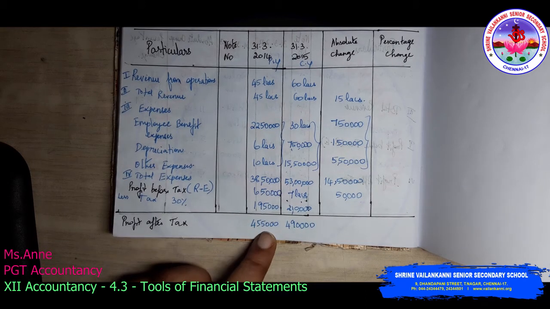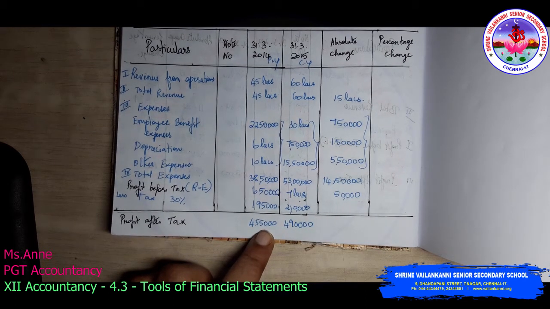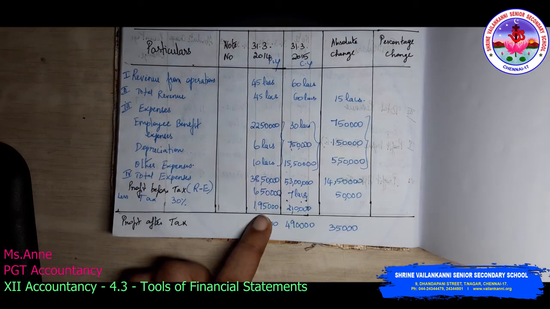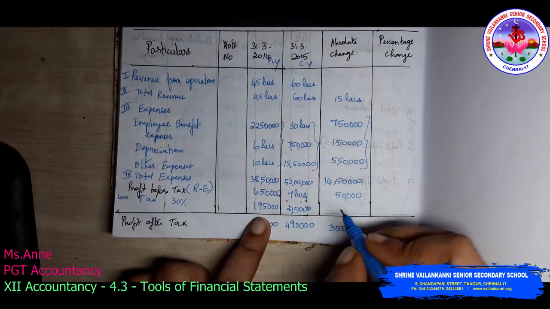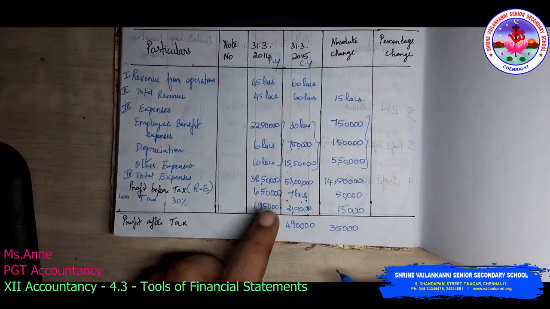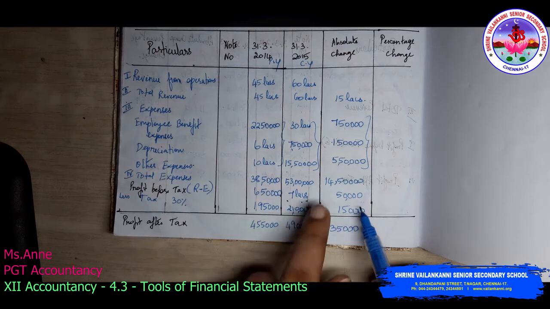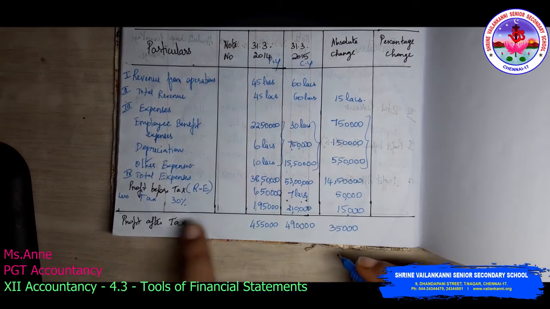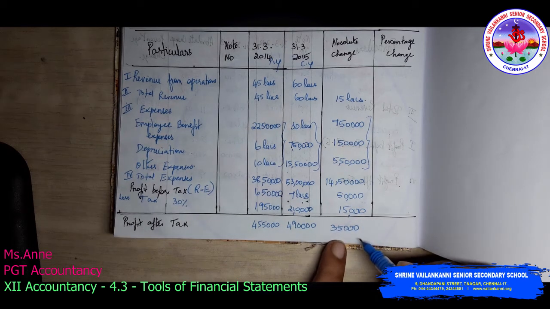So my net change is 35,000. Here 2,10,000 minus 1,95,000 is 15,000. So it tallies, right? Profit before tax is 50,000, tax is 15,000, and profit after tax is 35,000.